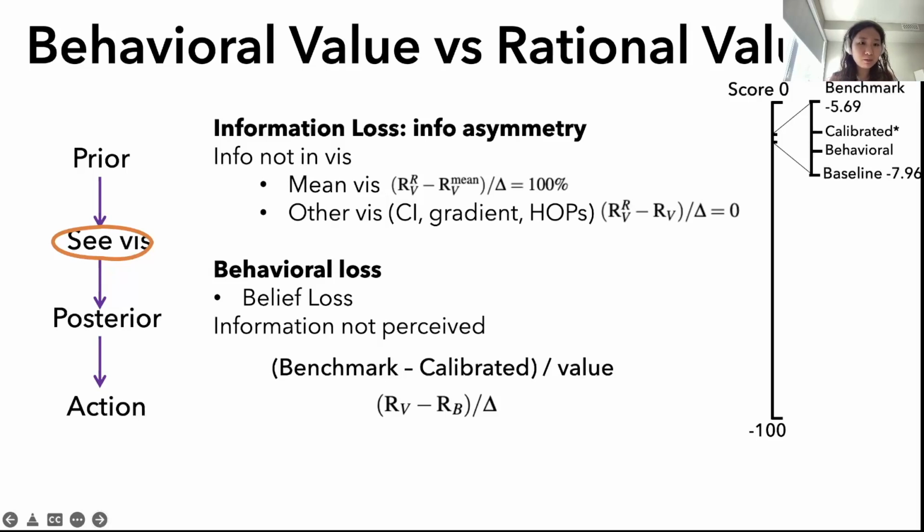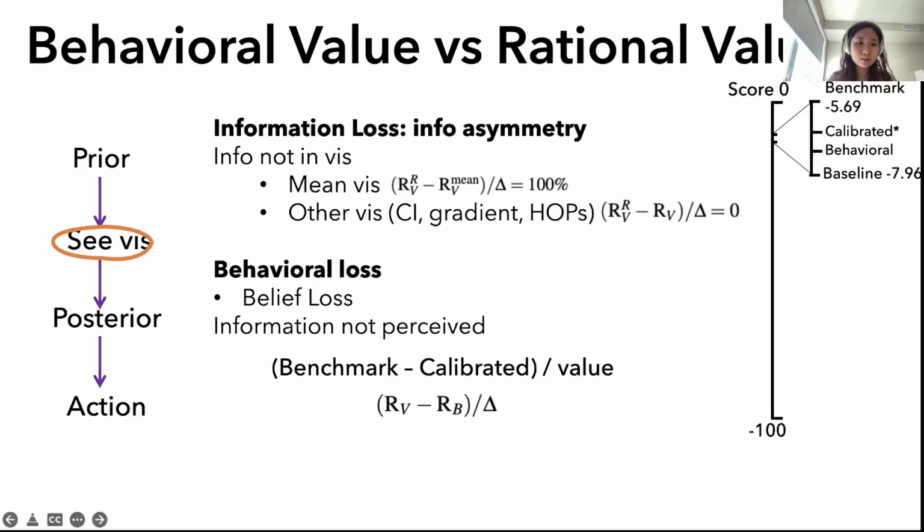First one is the belief loss, when the behavioral agents see the visualization. That's the information that is not perceived. So this is quantified by comparing the rational benchmark, which is when the rational agent uses perfectly the information in the visualization, and the calibrated score, which is when the rational agent only uses behavioral information.